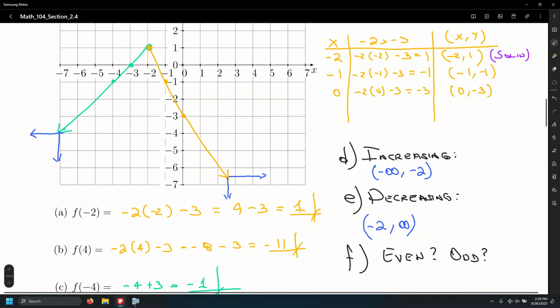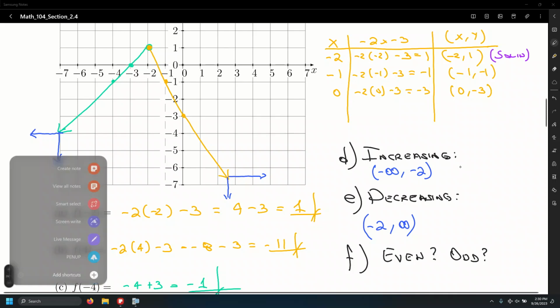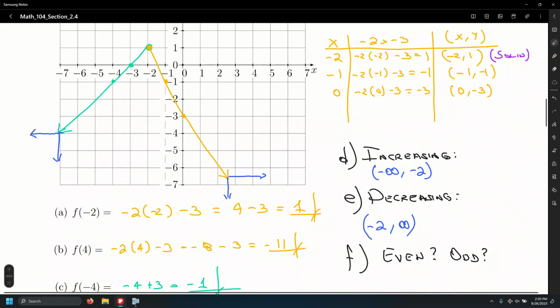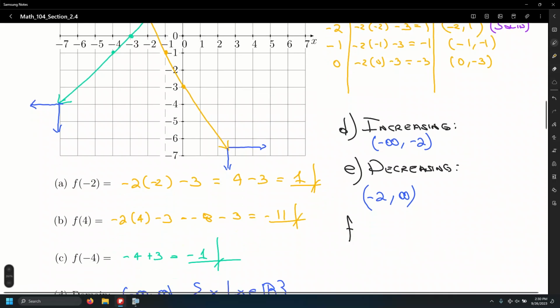Because again, from 2 all the way, what is that arrow indicating? That it's going all the way to positive infinity, right? And it's just going down, decreasing. But it's about the x-axis only. So the interval, the x values at which it increases and the x values at which it decreases. Not the even and odd, not yet.